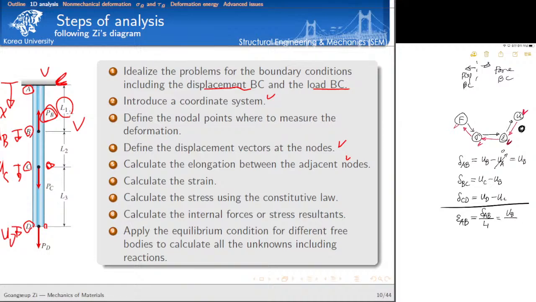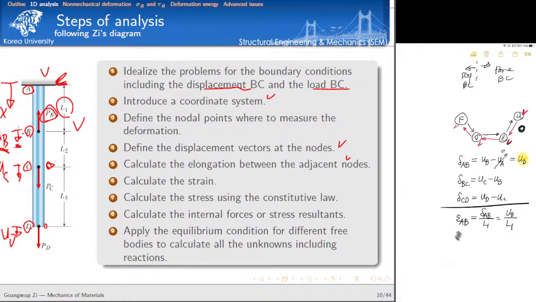UB divided by L1. Make sure that here UB is not a vector, okay? Here UB represents the magnitude of the vector. As I told you last time, to form a vector, we need the magnitude and also the direction, okay?